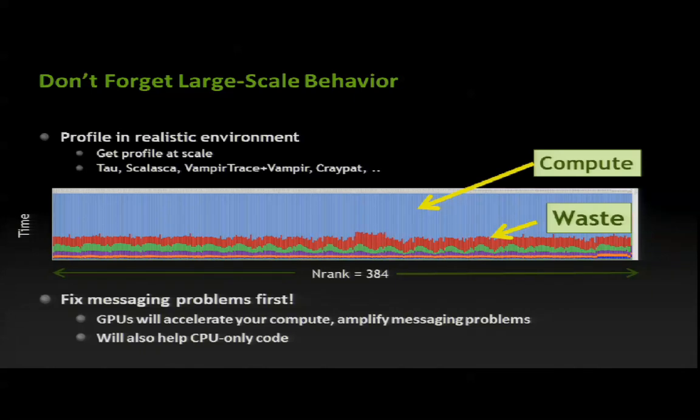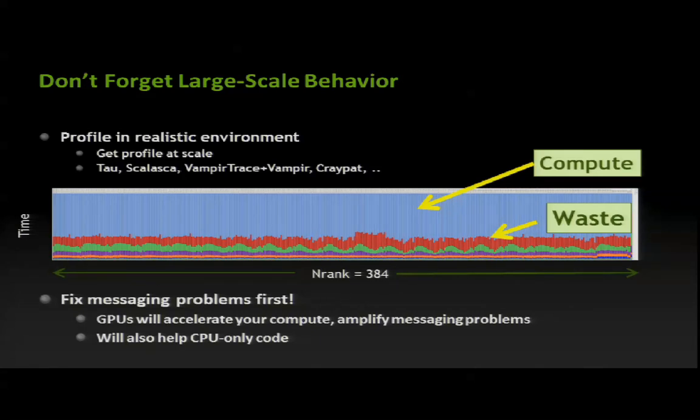Now, having said all that, one thing to keep in mind is that you're optimizing with GPUs the single MPI rank part of your code. Never forget that there is also a whole lot of other parts of your code. This one here is a profile of a close to 400 rank code.